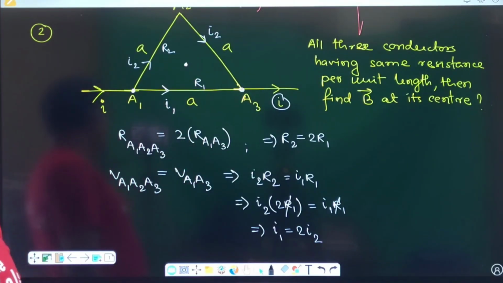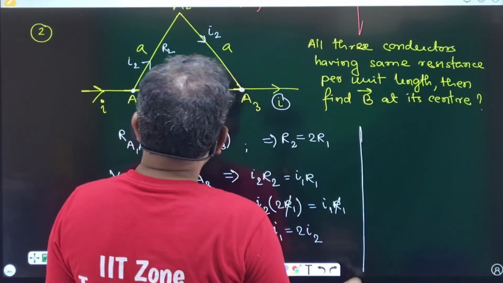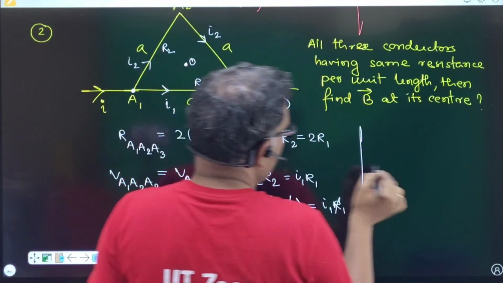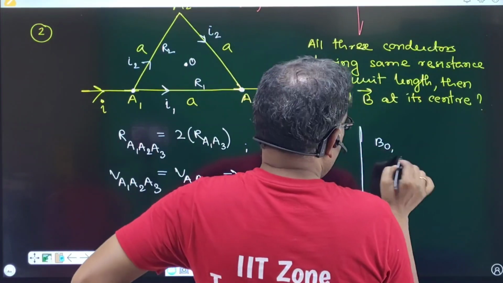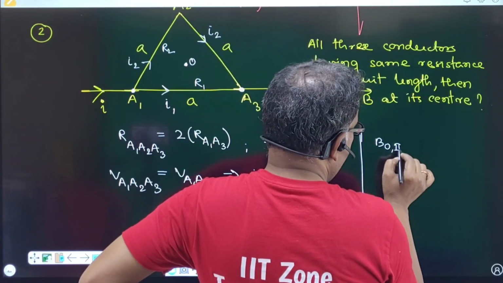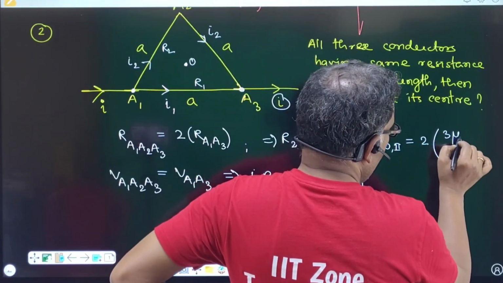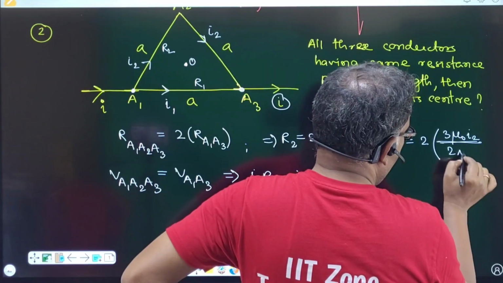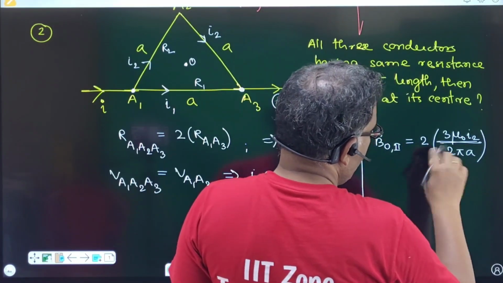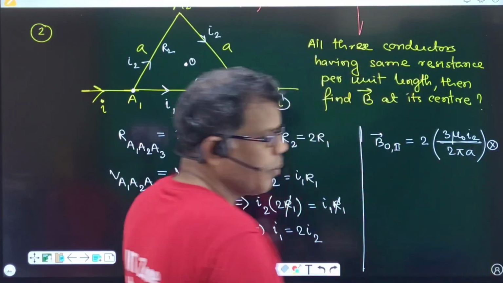Now for any value of current, the magnetic field at the center will be 3 mu naught I by 2 pi a, isn't it? So the magnetic field at center O due to the second wire will be twice 3 mu naught I2 by 2 pi a, and that one will be inward, into the plane.